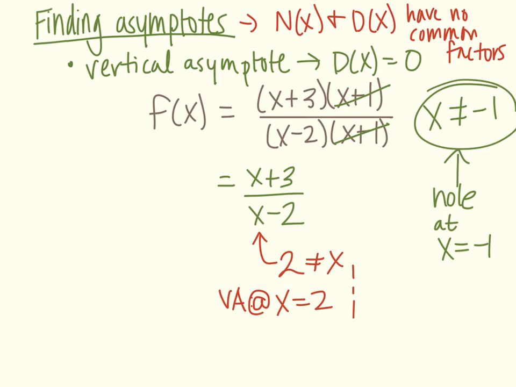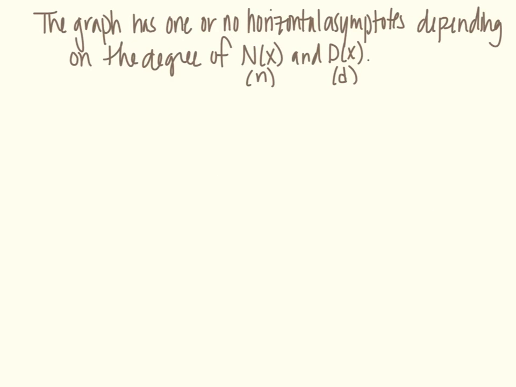To find the horizontal asymptote, there's kind of some special rules, and it all depends on the degree of the polynomials. The graph of a rational function is going to have one or no horizontal asymptotes, depending on the degree of the numerator and denominator.